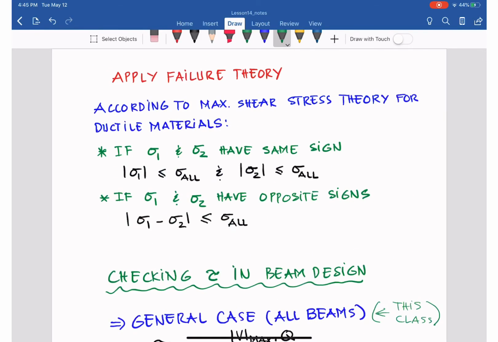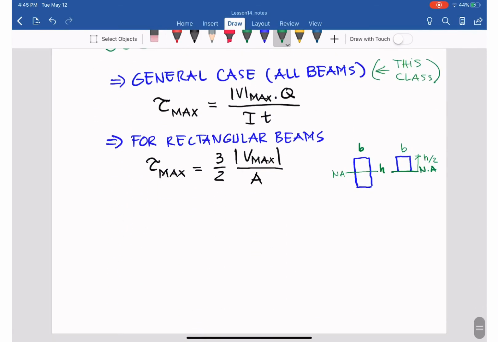From this equation we can get Q at the neutral axis equal to the area, b h over 2, times the distance from the neutral axis to the centroid, h over 4. So we find that it is b h squared over 8.